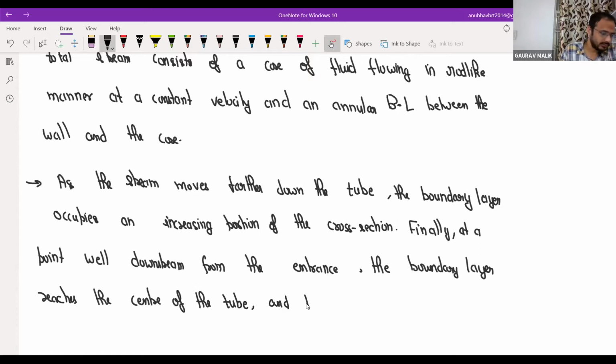What will happen? The boundary layer occupies the complete cross section, the entire section of the tube.